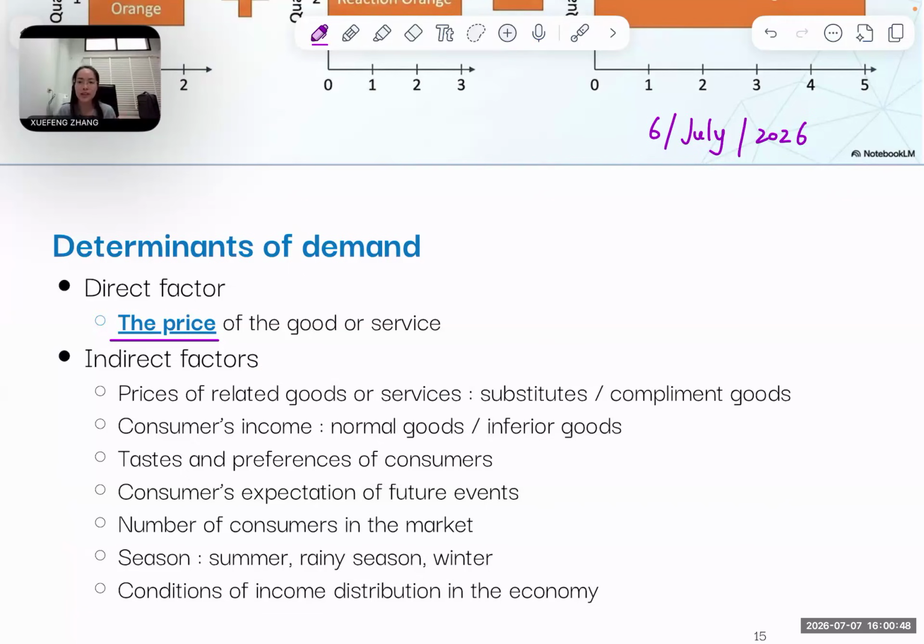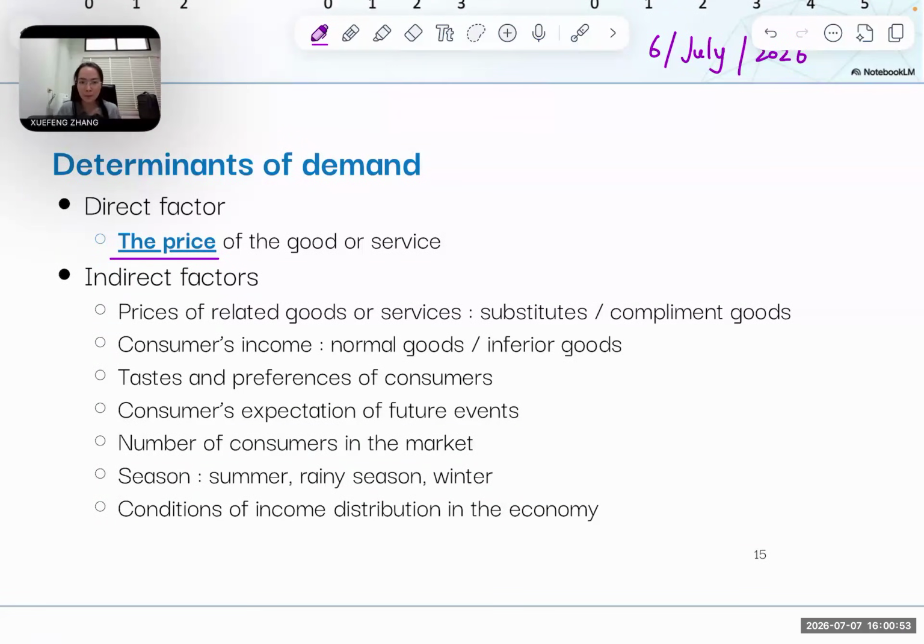Let's take a look at each of them. The first one, price of related goods or services. Think about it. If the goods are substitutes or complement goods, for example, substitutes like coffee and tea, right? So if coffee prices rise, tea as a substitute, demand may rise too.